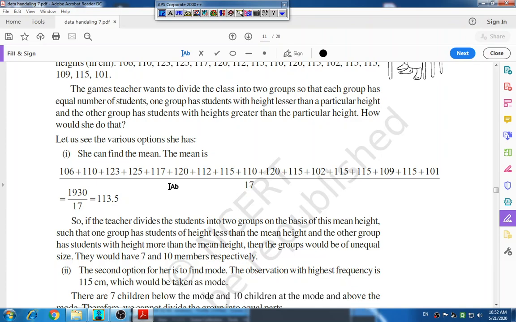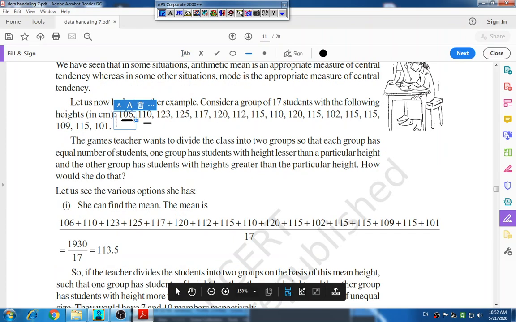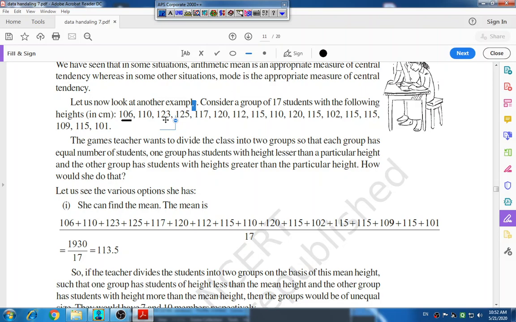Look here, how many numbers are there below 113? Look carefully. This is lesser than 113.52. Then this one is 3, 4.